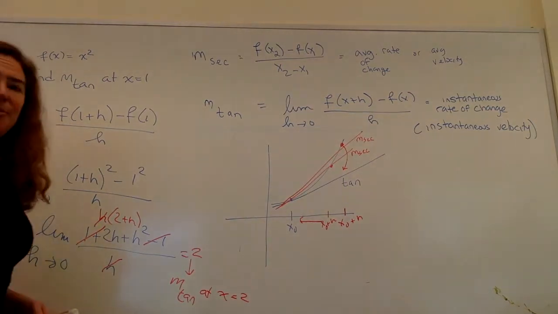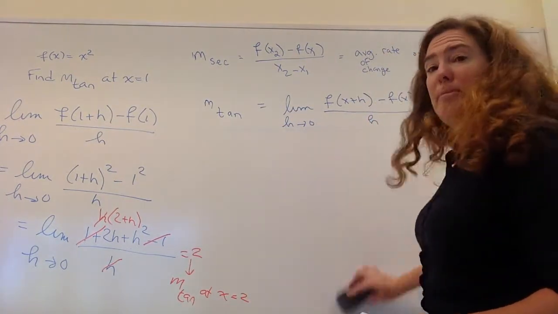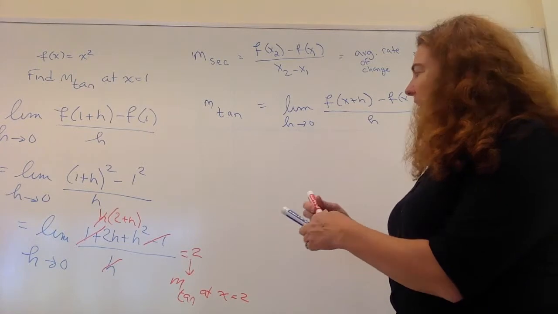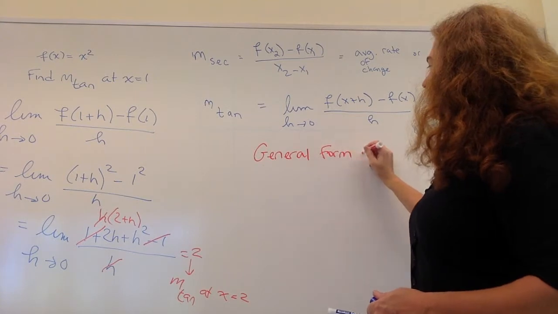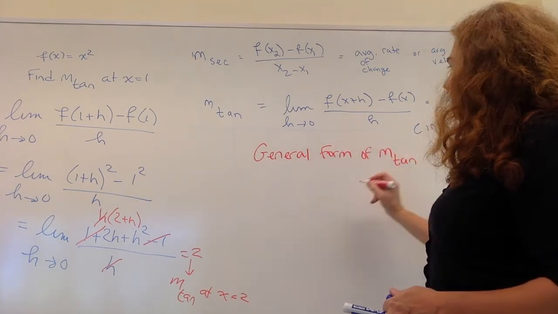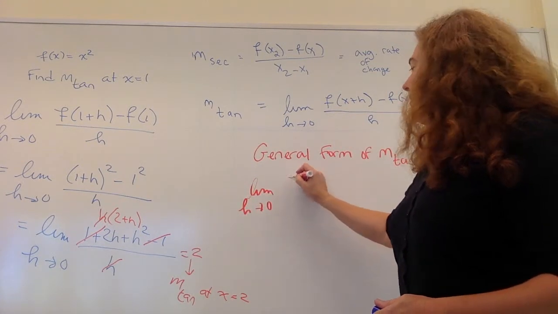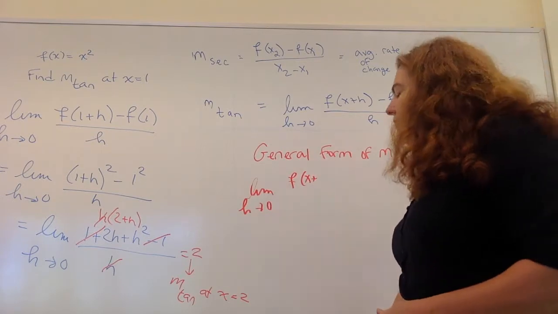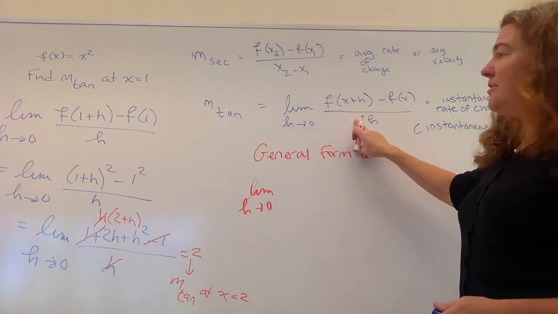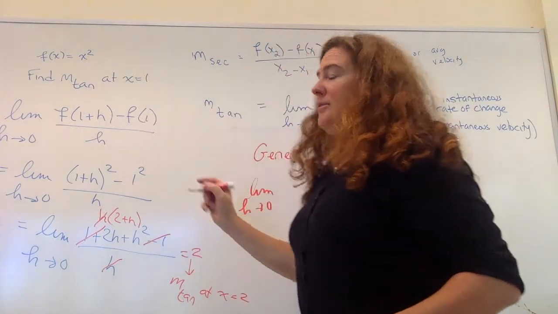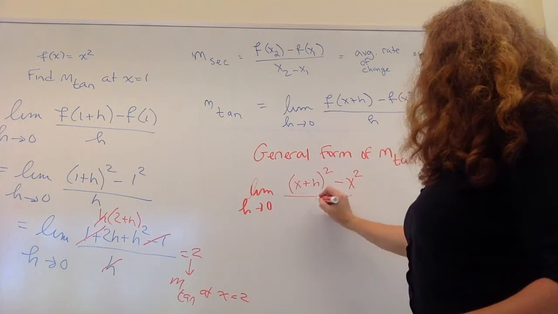Okay? Then we said, well, if we had to do that at a whole bunch of points, I could just take the general form of m tan. And that's the limit as h approaches 0 of f of x plus h. We're just using this formula right here. So my function is x squared. So what do I have? x plus h squared minus x squared over h.